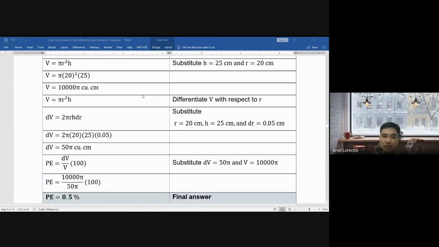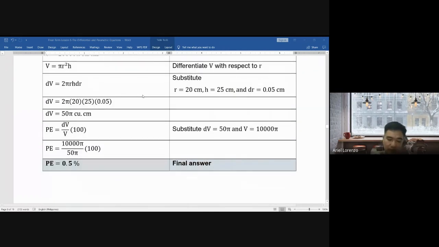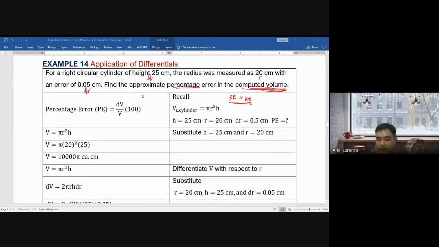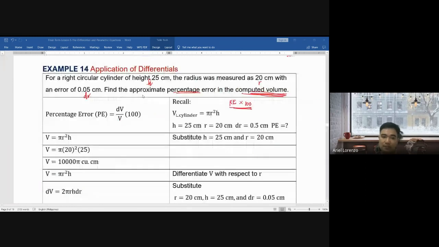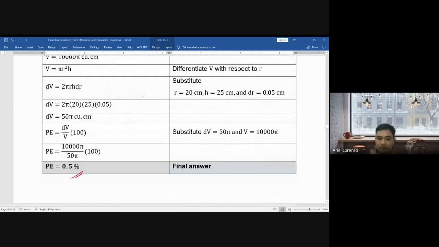So ang question is percentage error, so times 100. So that is 0.5%. Okay? 0.5%.